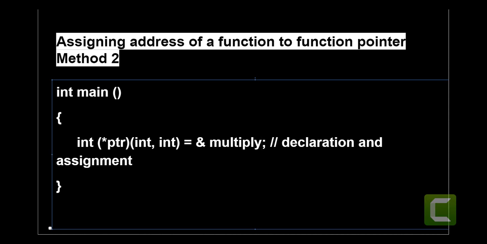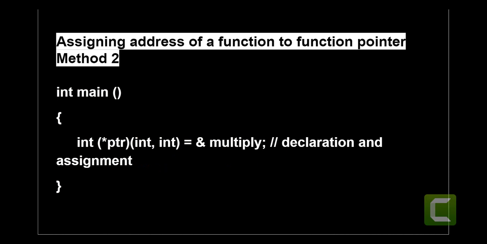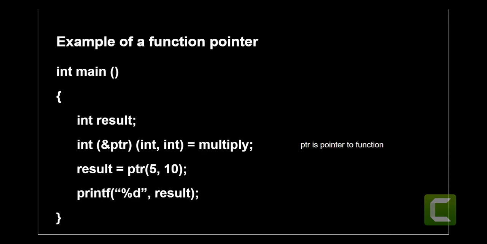So instead of doing it separately, as we've looked at here, where you declare in the first instance and assign the address of your function in the next, you can do that all at once in one instance, and it just depends on which one you prefer. So the next thing I want us to look at is an example of how we can do this.